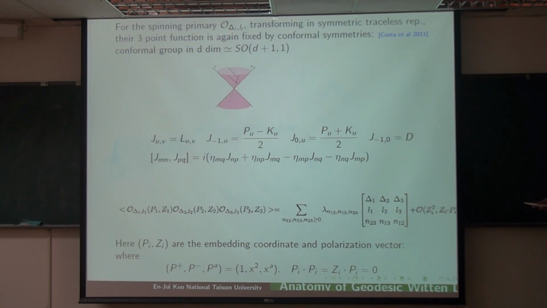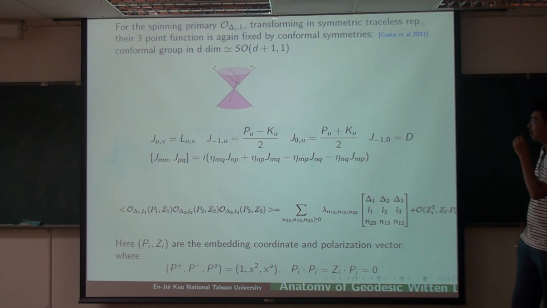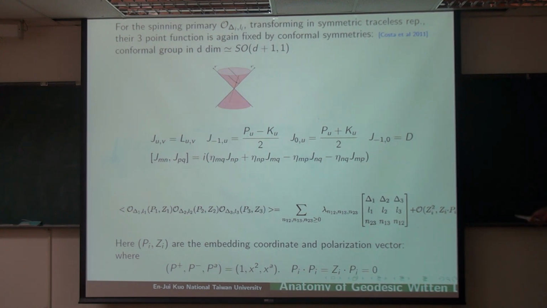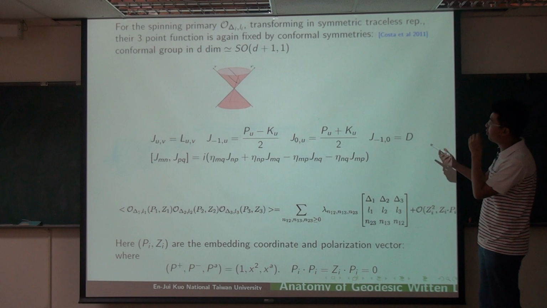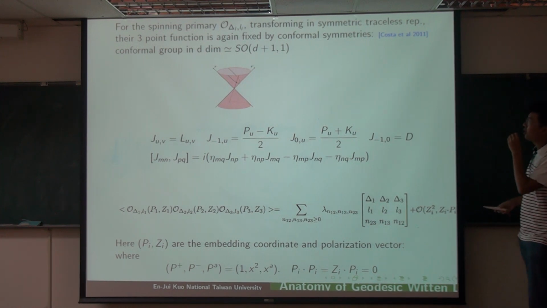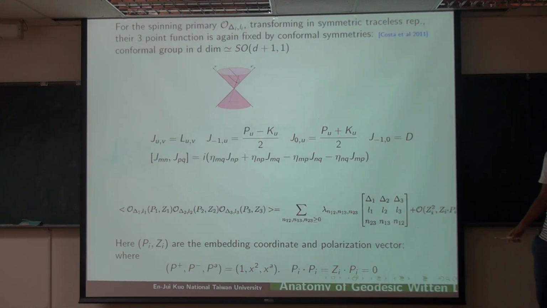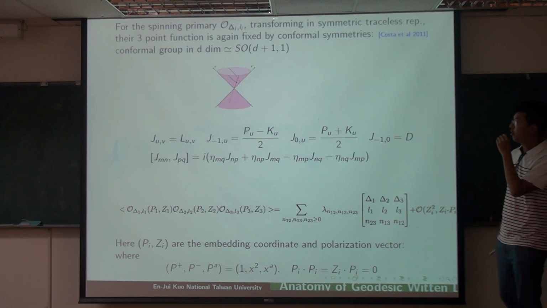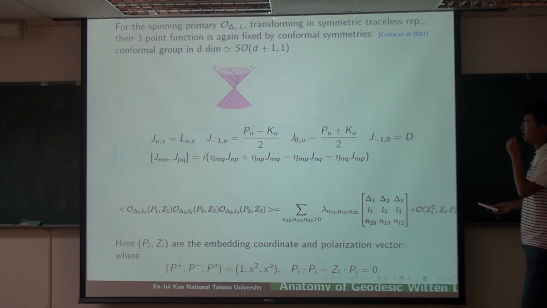And the other ingredient in the CFT is the spinning primary. Because we want to compute the 3-point function easily, we need to use the embedding formalism. We know the conformal group in D dimensions is isomorphic to SO(D+1,1).